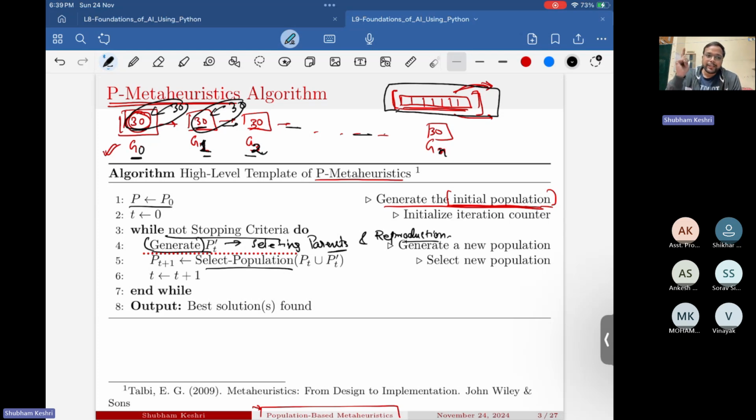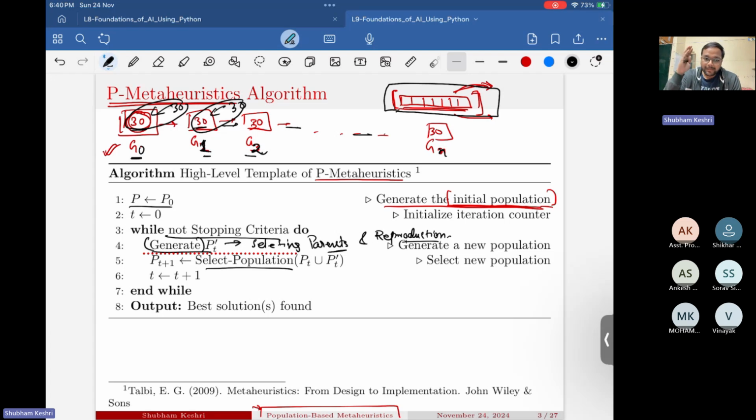And mind you, we have just talked about one population based meta-heuristic, that is genetic algorithm. There are multiple different population based meta-heuristics, for example, ant colony optimization, artificial bee colony, artificial immune system, particle swarm optimization, and many more algorithms.